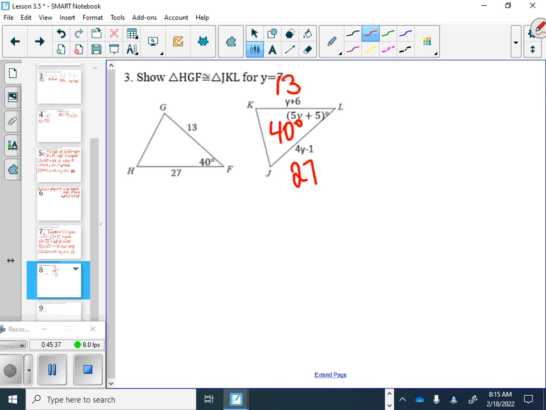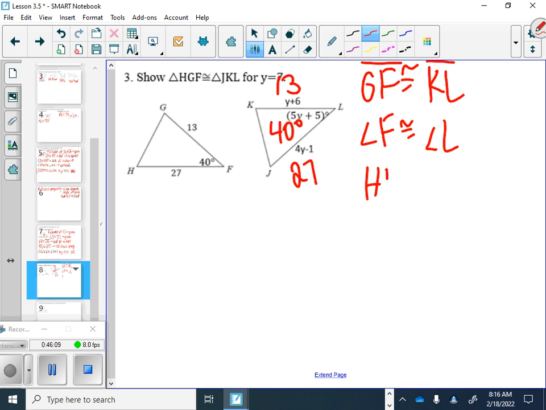Now we're just going to write out which sides are congruent to what. Side GF is congruent to what side? KL, since the angle was listed second. Angle F is congruent to angle L. They're both 40 degrees. And side HF is congruent to what side? JF, very good.